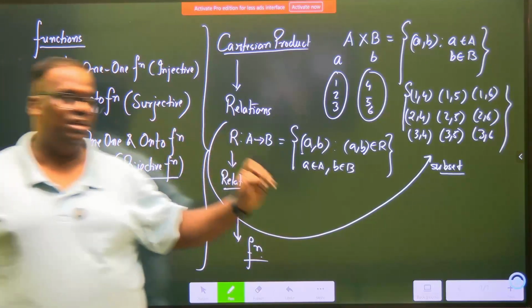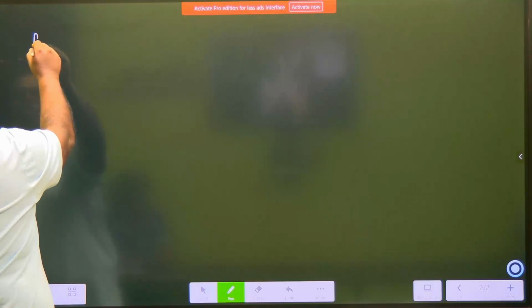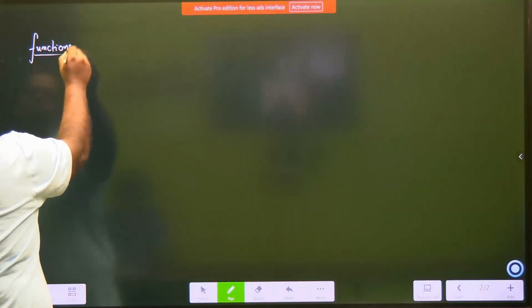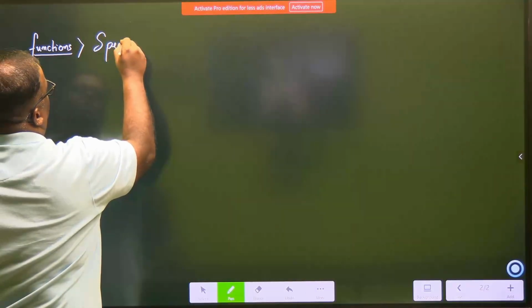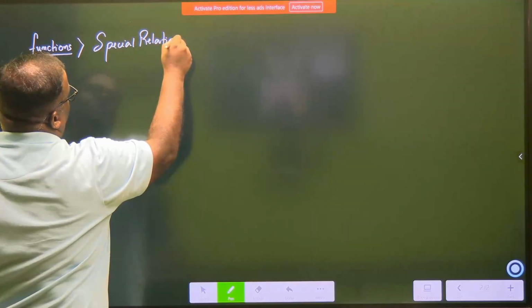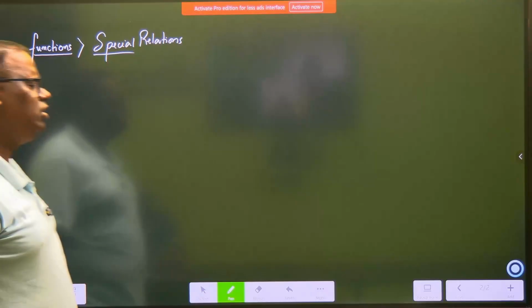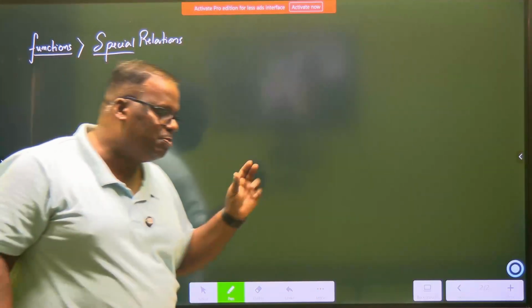So our idea would be to get into functions. Let's talk a bit on functions. In layman's language, we will say functions are special relations. When you use the word special relations, you are using an adjective called special. It means you are not considering all the relations, you are considering only a few specific relations.